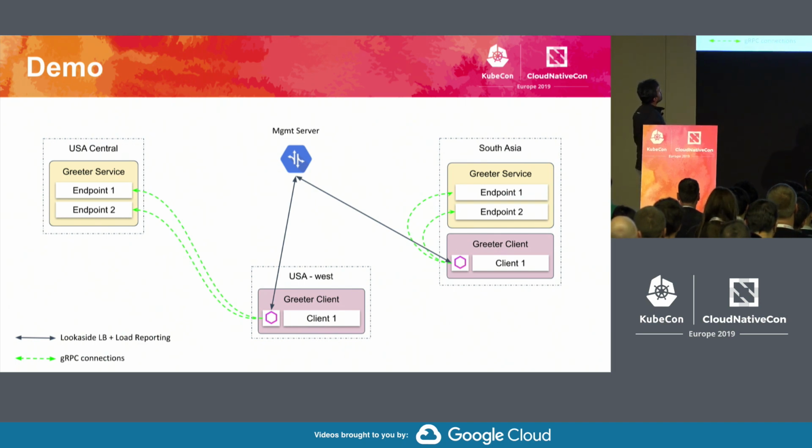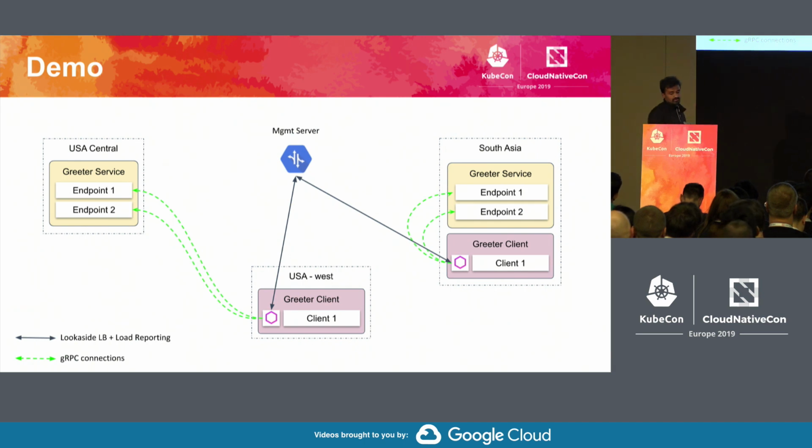Now, in this particular case, similar to the previous service mesh architecture or deployment, I have a greeter service and a greeter client. The greeter service is actually deployed in USA Central and South Asia, each with 2 instances of servers running. And this deployment is set up in GCP with Traffic Director as the management server.